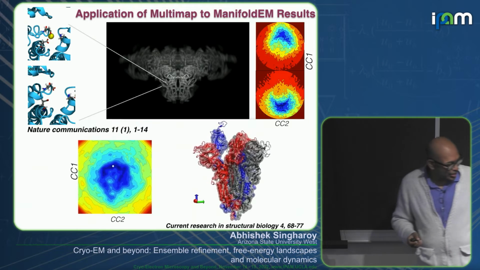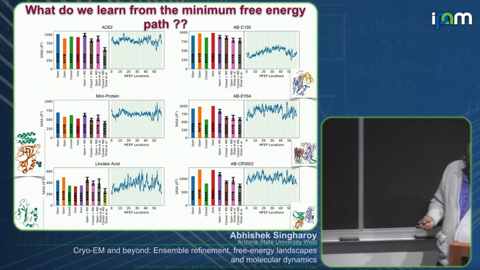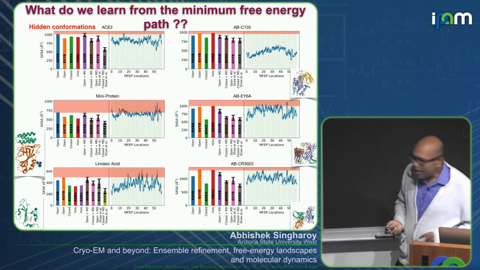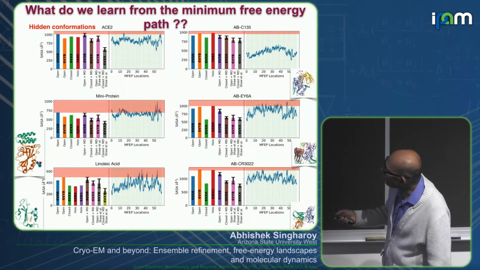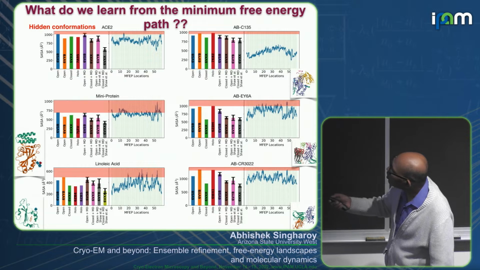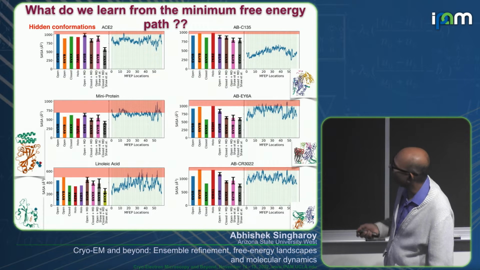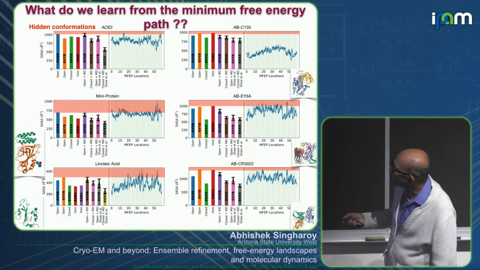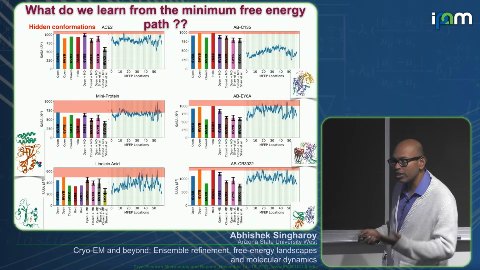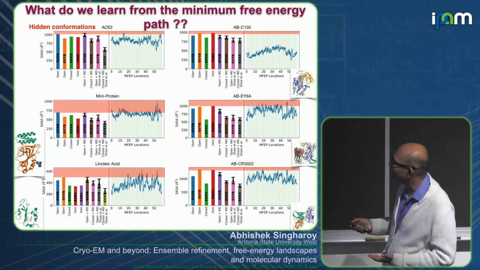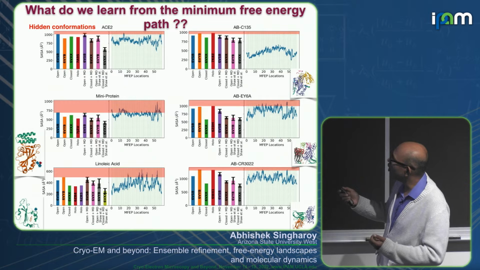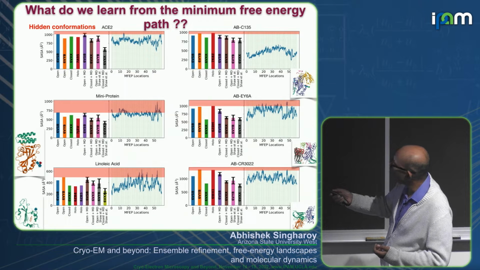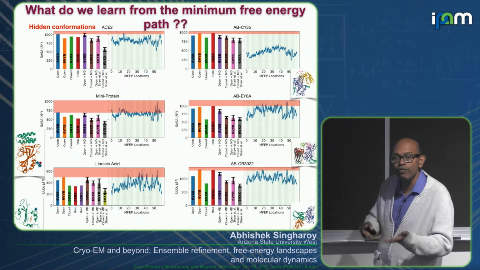Similarly for spike, just one very short spike slide. What I'm plotting here is the solvent accessible surface area for different therapeutic targets of spike, as computed from any PDB structure that was submitted to the PDB at that point in time, compared to some of the biggest molecular dynamics simulations done by D.E. Shaw, versus the ones that we resurrected from the models from ManifoldEM.